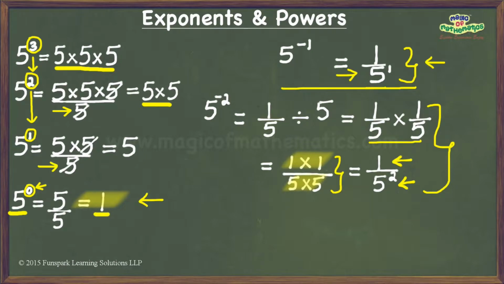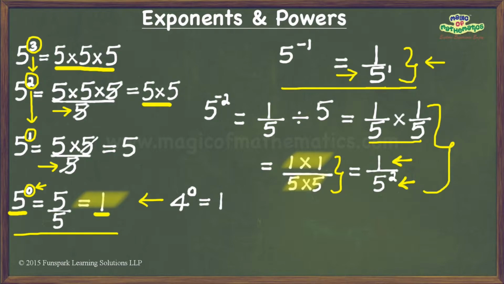Let us now examine what we have done so far. 5 raised to the power 0 is 1. There is nothing special about the number 5. In other words, I could have used any other number instead of 5, say 4. Using a similar reasoning, I can arrive at the fact that 4 raised to the power 0 is also equal to 1, which leads us to believe that any number raised to the power 0 should be interpreted as 1.